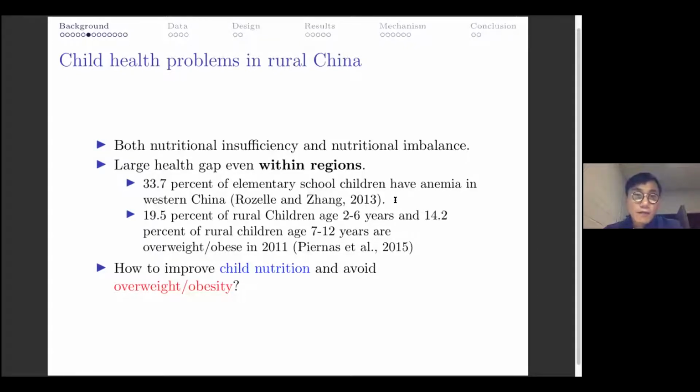Meanwhile, at around the same time, 20% of rural children aged 2 to 6 years and 40% of rural children aged 7 to 12 years are overweight and obese. So it's crucial to ask how, even within the rural area, which is what we focus on, we can improve child nutrition while at the same time avoiding overweight and obesity.